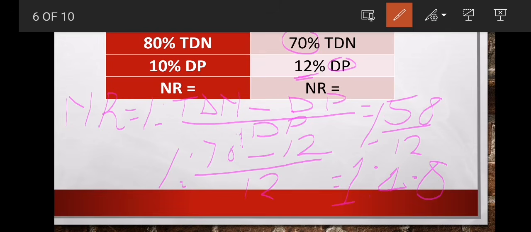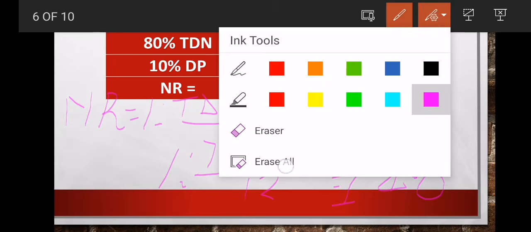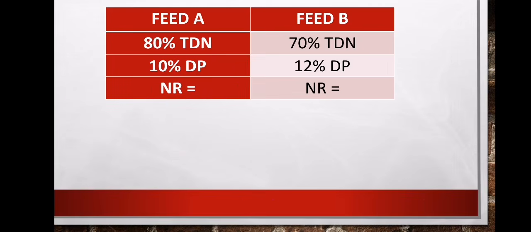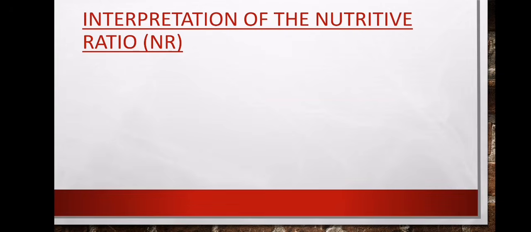Now I'm getting to the most interesting and most important part, which is the interpretation of the NR. I hope you mastered the calculations here. When we check the interpretation, the ratios are categorized into 2.